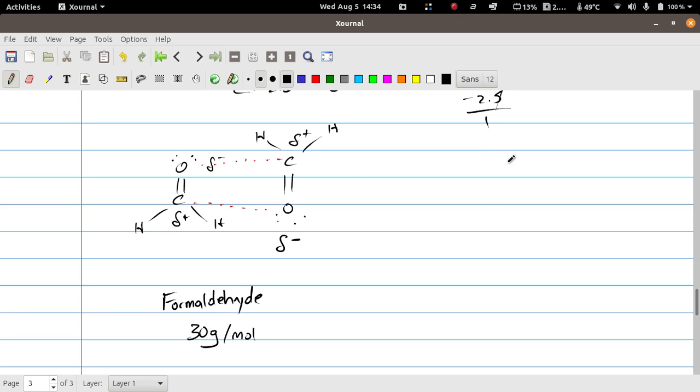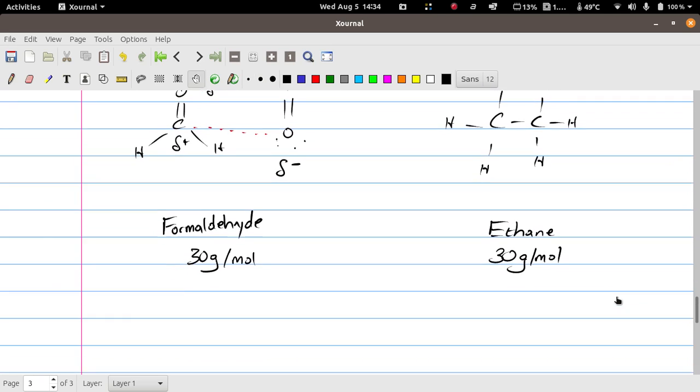Ethane, we'll do over here, is nonpolar, because remember C-H from the last page. But ethane is also approximately 30 grams a mole. But look at the boiling point difference.